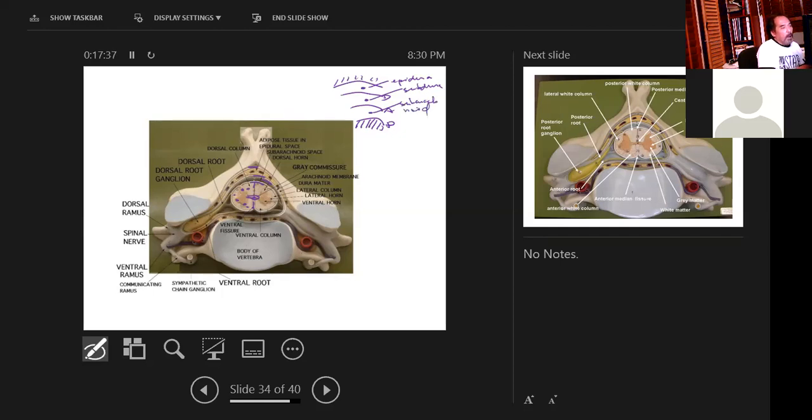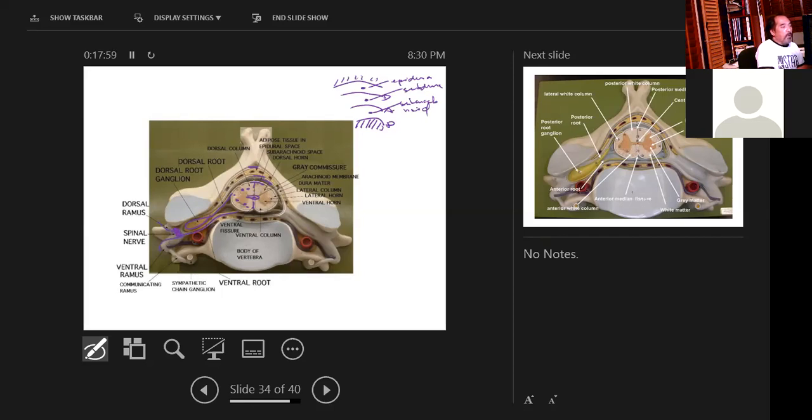Okay, and this is going to be the dorsal root. This is sensory. It has the dorsal root ganglion. This is the ventral root. It is motor. And then after that, they meet here, called the spinal nerve. The spinal nerve then divides into what we call the dorsal ramus and the ventral ramus.